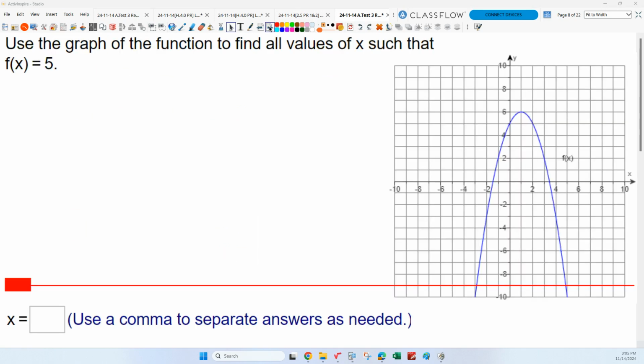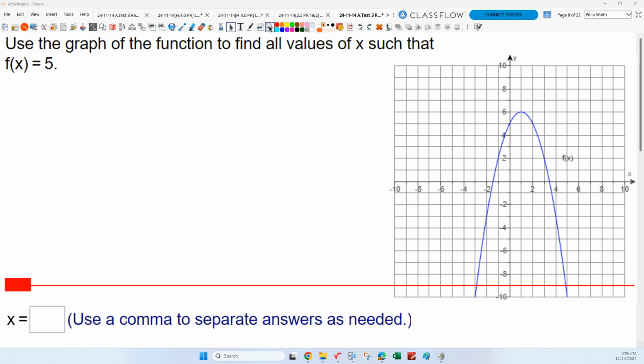All right, use the graph of the function to find all values of x such that f of x equals 5. Okay, so first of all, we want to find the values of x. Is that the input or the output? X is input. So we're finding all the values of the input, x, such that f of x equals 5. Is 5 the input or the output then?